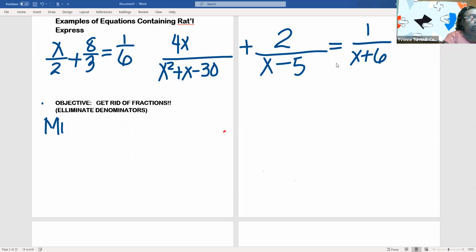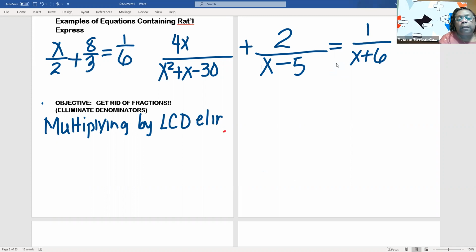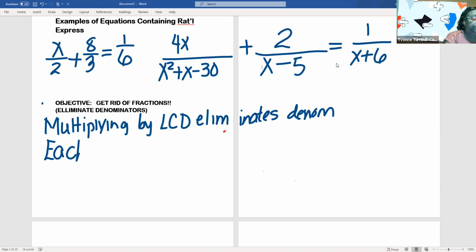Multiplying by the LCD eliminates the denominator. Each term has to be multiplied by the LCD.